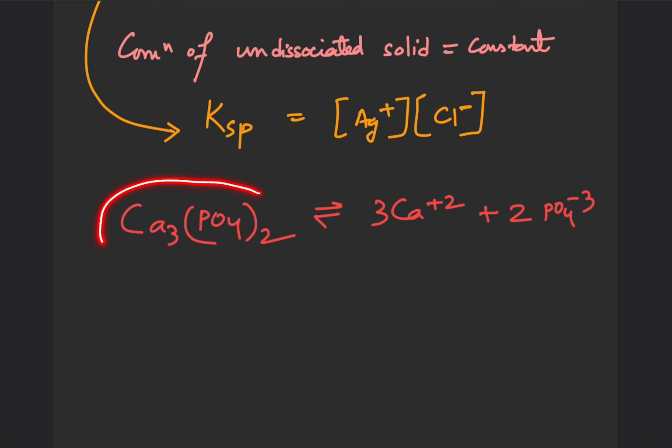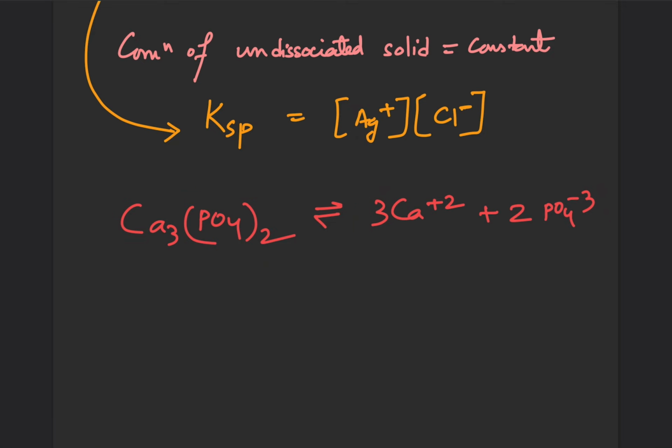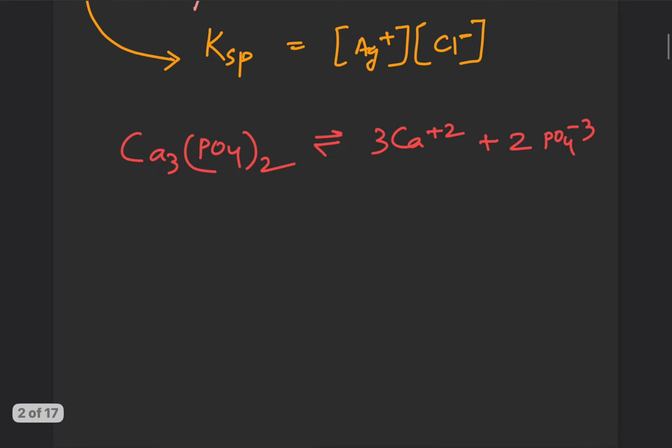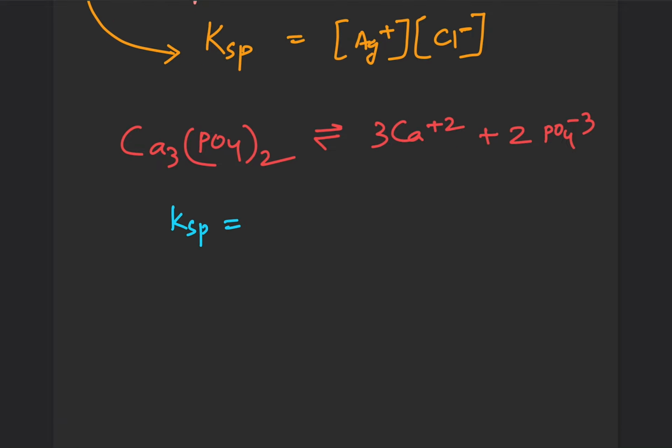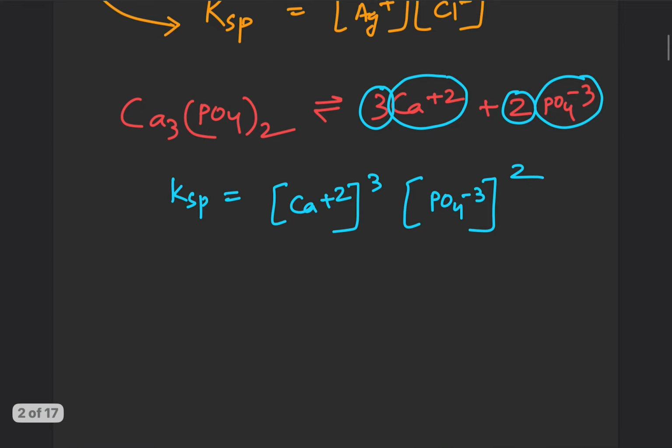So whatever amount of calcium phosphate is being left and whatever has dissociated, both are in equilibrium now. Okay, so the Ksp here will be obviously concentration of Ca plus 2 ion to the power its stoichiometric coefficient 3, then concentration of PO4 minus 3 to the power its stoichiometric coefficient 2, right?